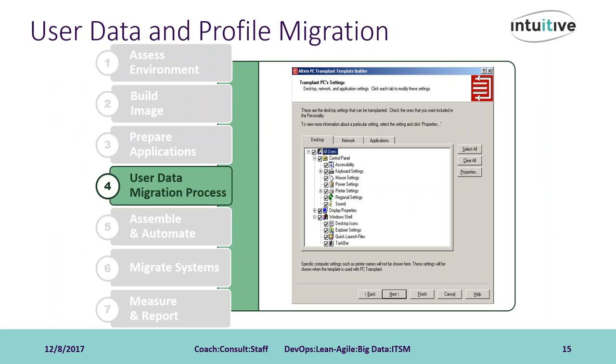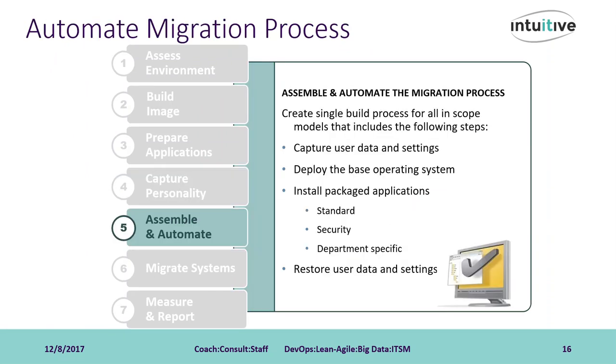One caveat to keep in mind when using PC Transplant is when you use the built-in job that will capture the personality to a local site server. We typically configure it to copy the personalities to a centralized location to minimize bandwidth considerations. Again, this will vary depending on the bandwidth in your environment between sites.